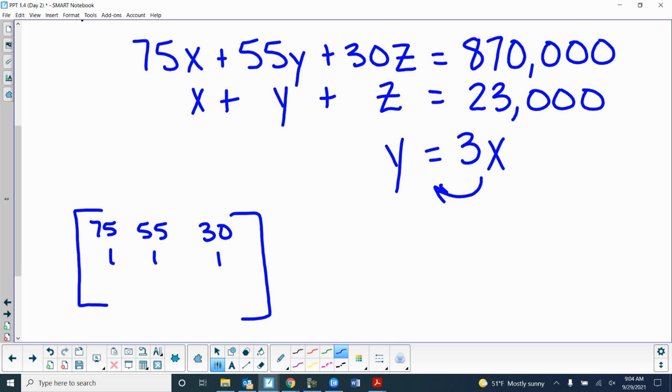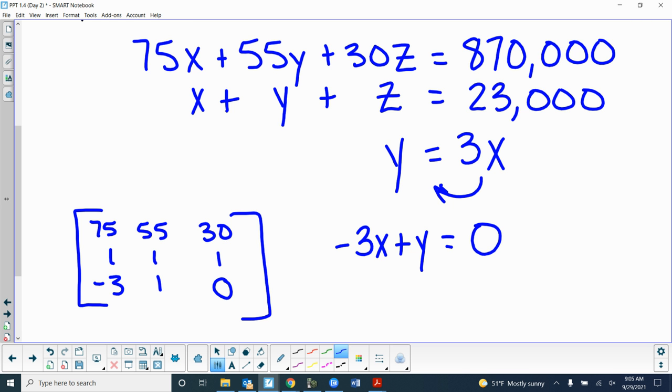How do I move it over? Subtract it, right? Well, if that's gone, what's left on the right? 0, right? Okay, so what's my last row? -3, 1, 0. There's no Z, right? You put a 0 in that spot.